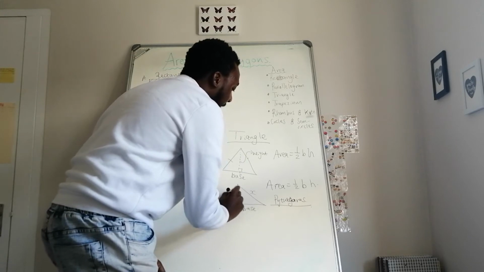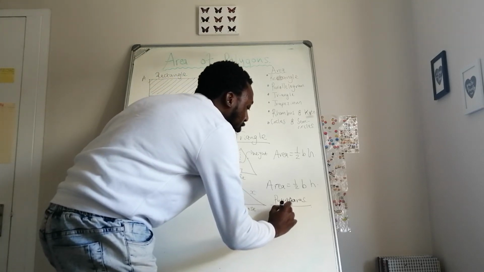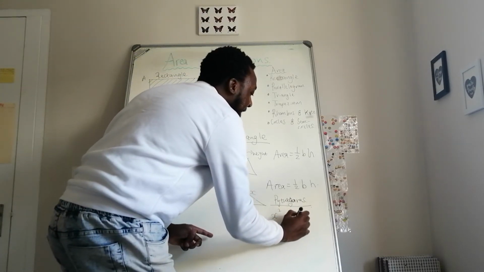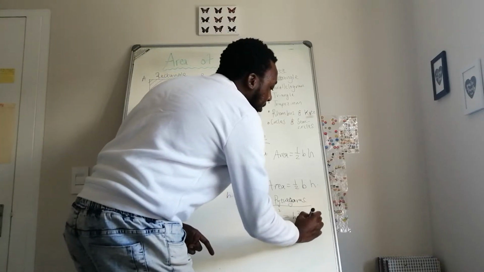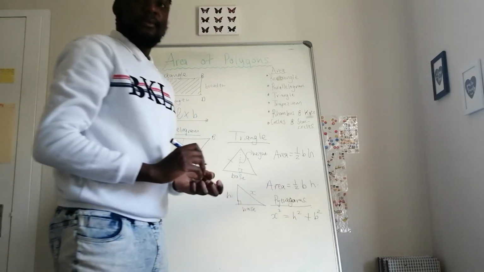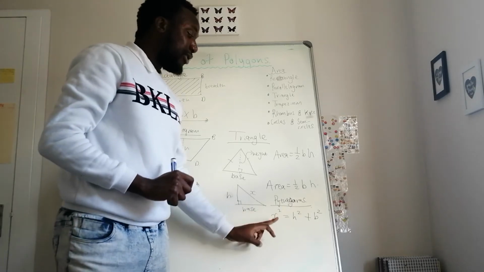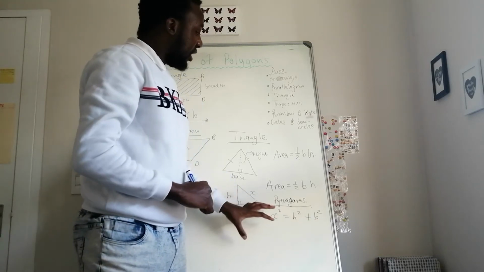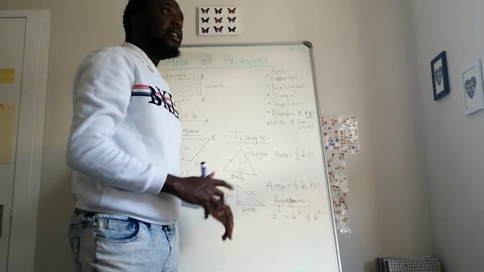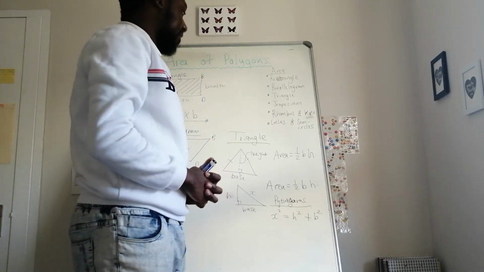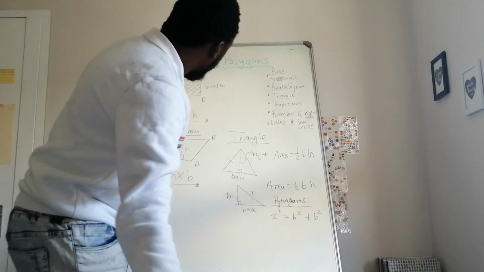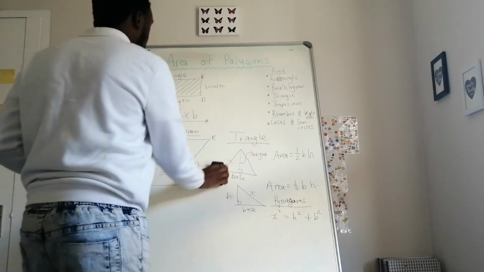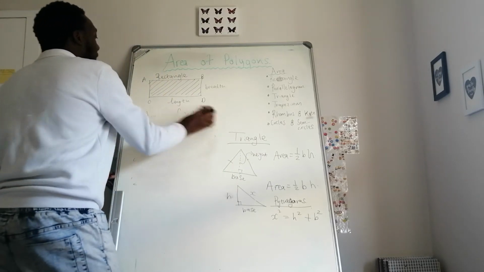To find this height value, you can just say the hypotenuse squared, the X value squared, is equal to the height squared plus the base squared. You get what I mean? So I call the hypotenuse X, and that's my height, and that's my base. So you need to apply this to find either one of those sides so that you can find the area with it, right? So I've done those three: rectangle, parallelogram, and triangle. It's quite straightforward. Let's look at the other ones we can do.